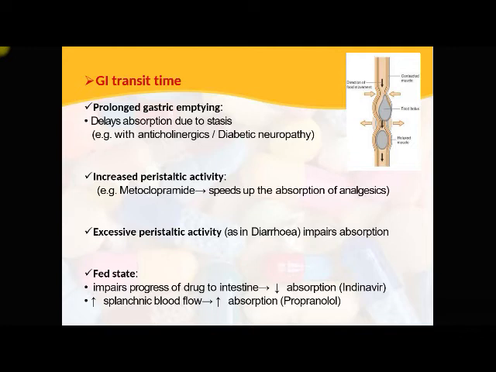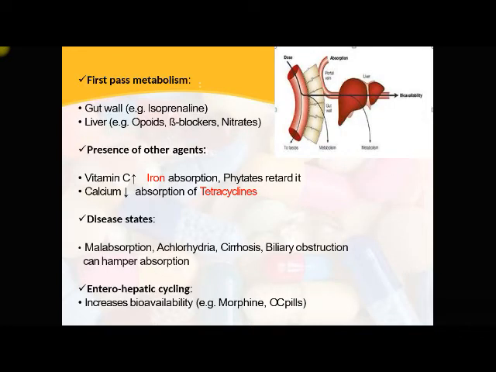Okay, so if there is increase in splanchnic blood flow, then there is increase in absorption of certain drugs like propranolol. Okay, so the next factor is first pass metabolism. You have already studied first pass metabolism in biopharmaceutics, so I won't go into those details.